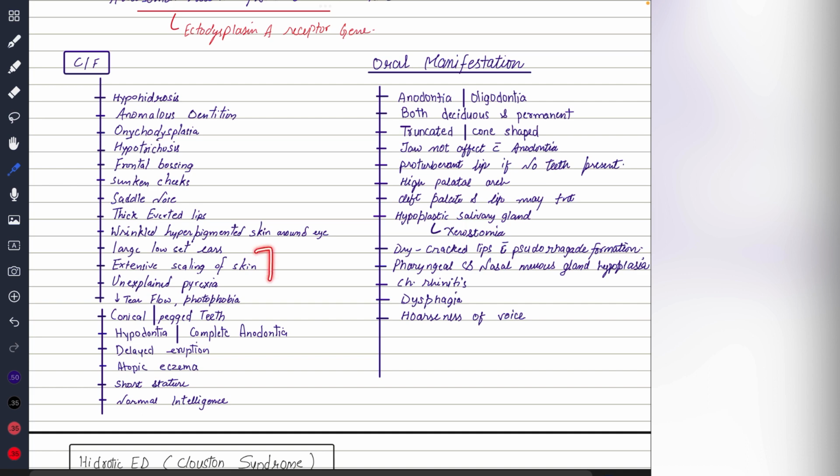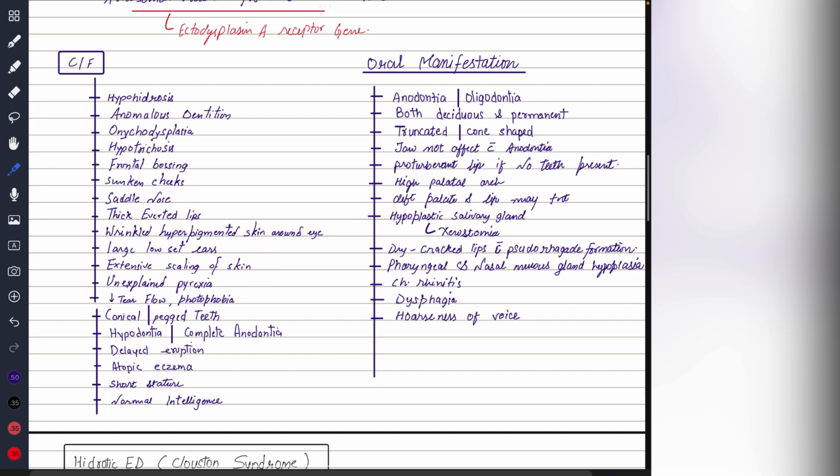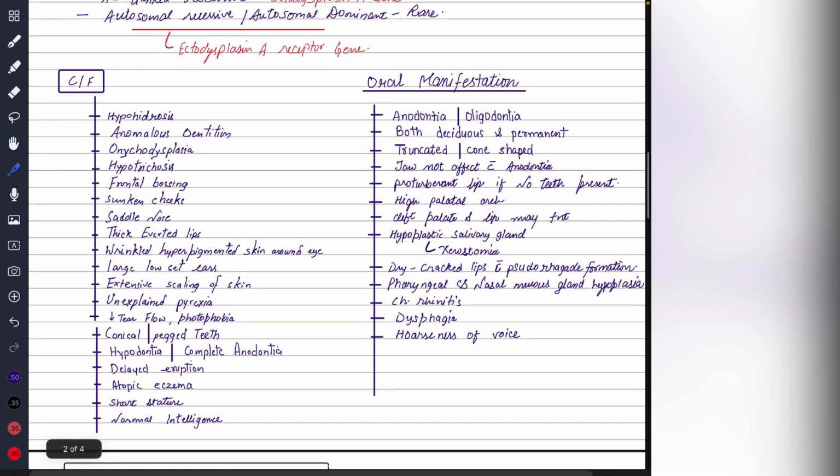So these two or three features you will find in a child or neonate. And in these cases, these features sometimes overlap with symptoms like Down syndrome, in which intelligence is affected. This is a very big differentiator. In ectodermal dysplasia, the intelligence will be normal; it won't be retarded.